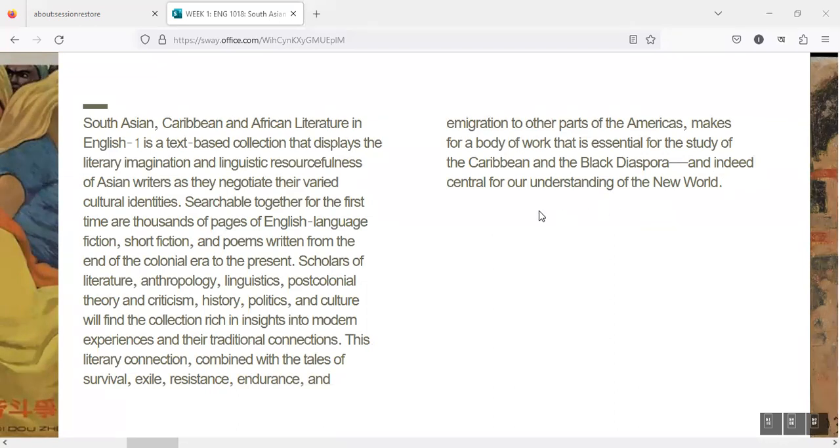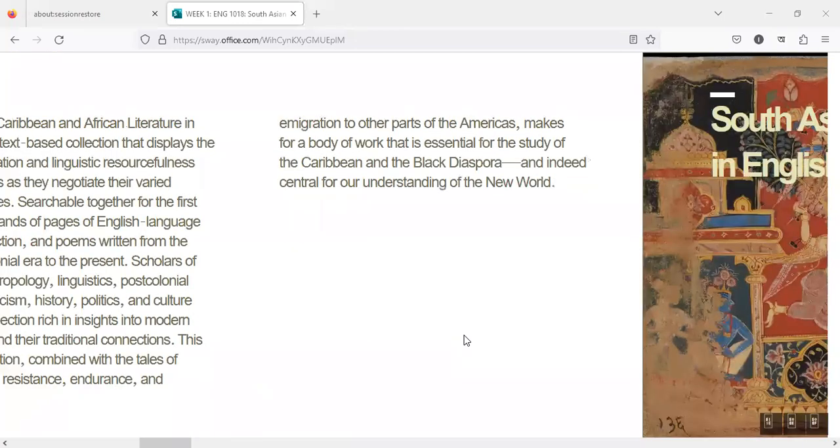And indeed central for our understanding of the New World. The New World is comprised of foreign writers who wrote their literary works in English, though their mother tongue is different, and they came from different parts of the world, especially Africa and South Asia, and also the Caribbean regions.